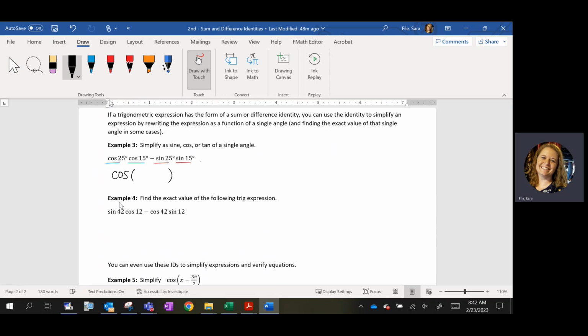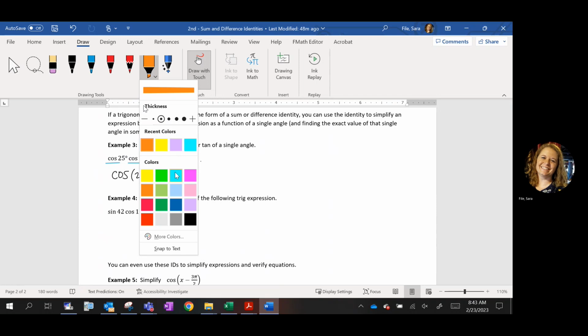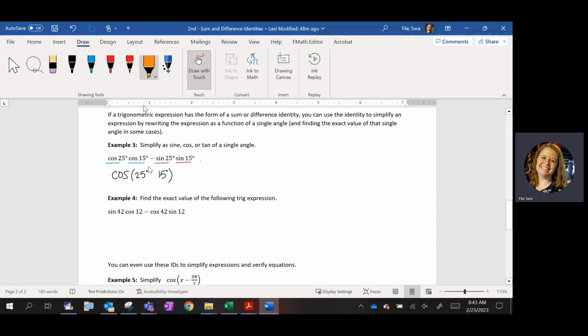Okay, now what are my two angles? What's my U and V? 25 and 15. Okay, and it's U and then V. So 25 and 15 are the two angles. Now, when it's cosine, is it the same plus or minus here or the opposite? This is the opposite.